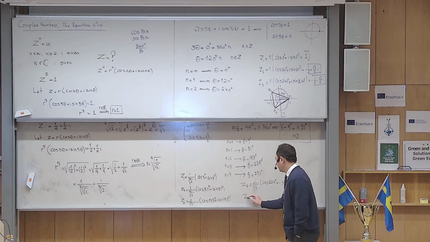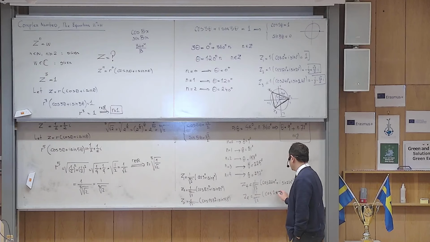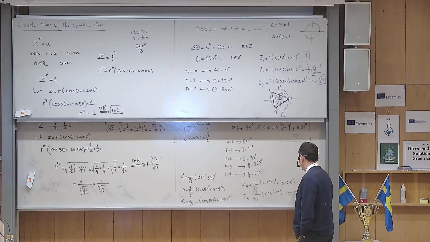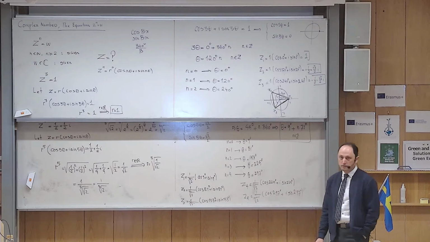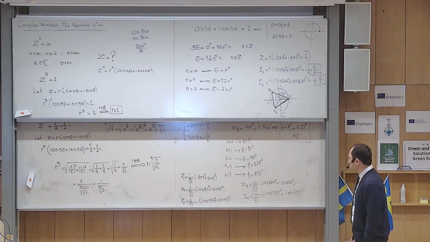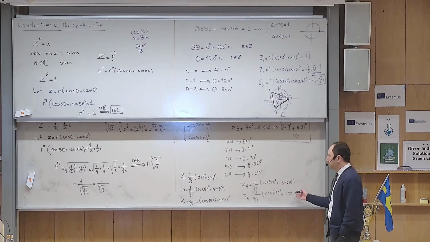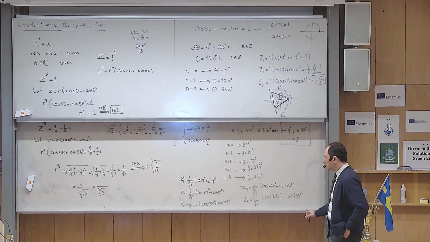And then z5 finally is 1 over the 10th root of 2 cosine of 297 degrees plus i sine 297 degrees. These are the answers. And I hope that you are not confused. What is this? This is very complicated. No, it is not complicated.